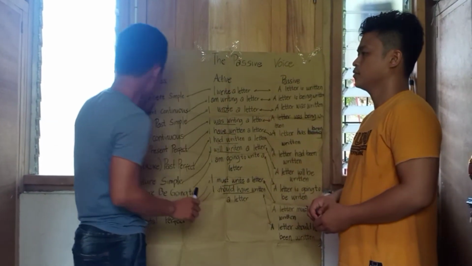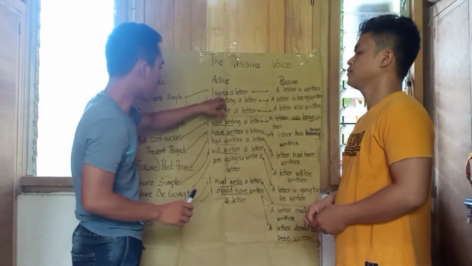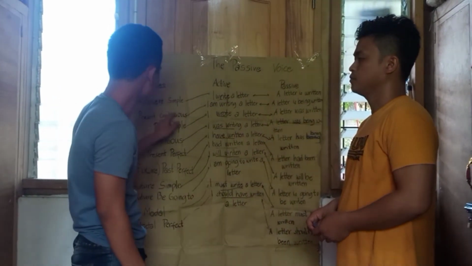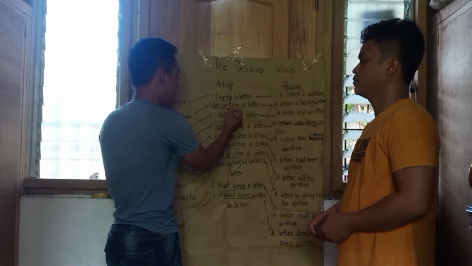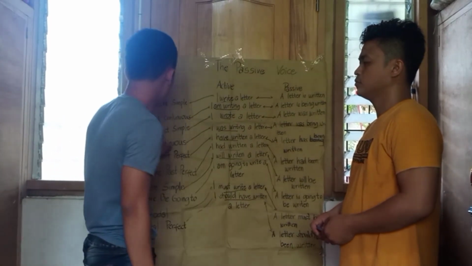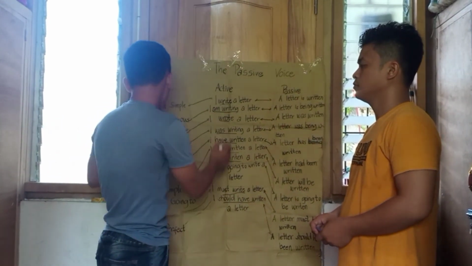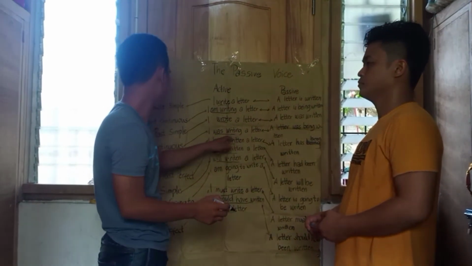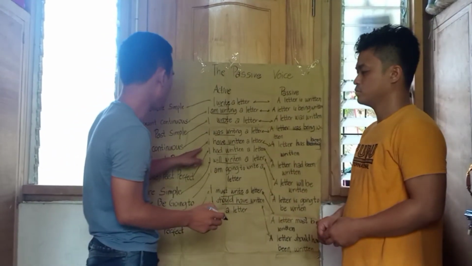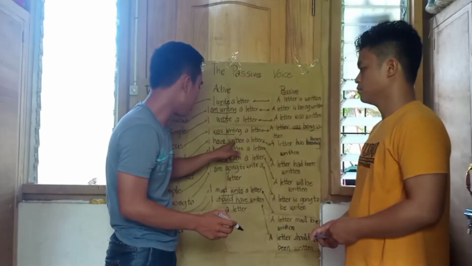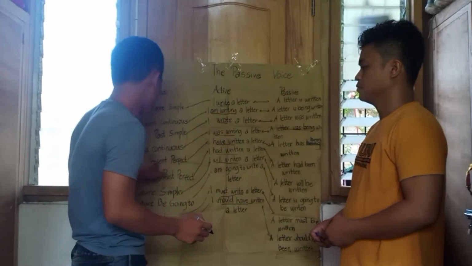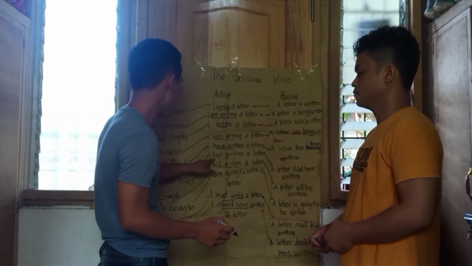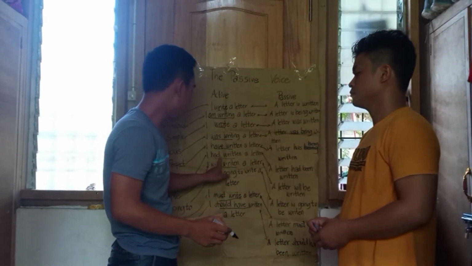Present tense in this sentence is "write." Present continuous is "I'm writing." Past simple is "wrote." Past continuous is "was writing." Present perfect is "have written." Past perfect is "had written."